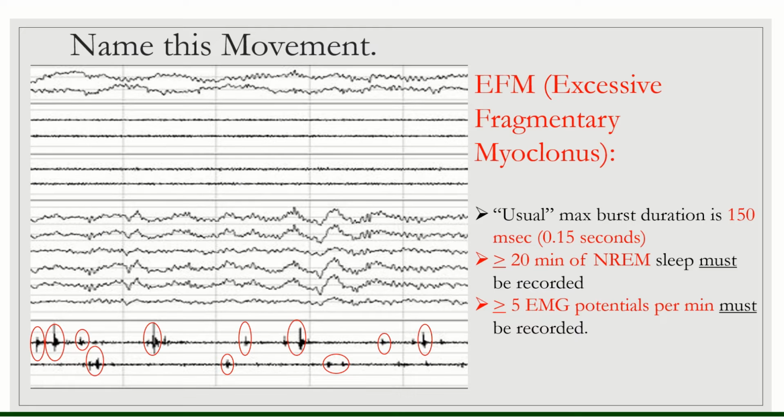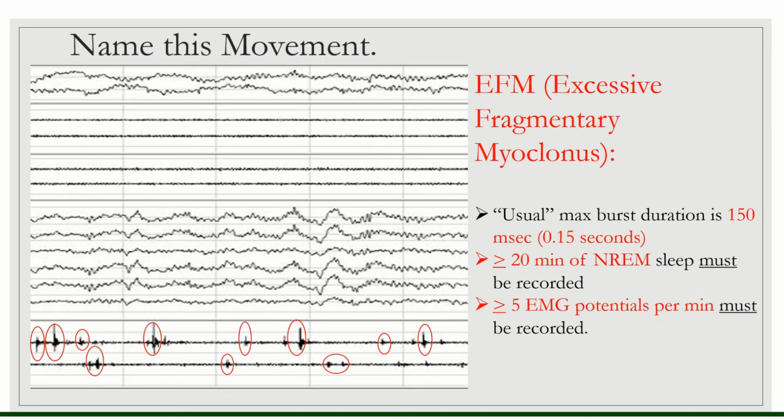It looks like little spikes in the leg EMG channels. The reason it makes sense for it not to be required for us to score these is because this happens all the time. You would literally be all night trying to score every single one of these. That's why it's not recommended to score.